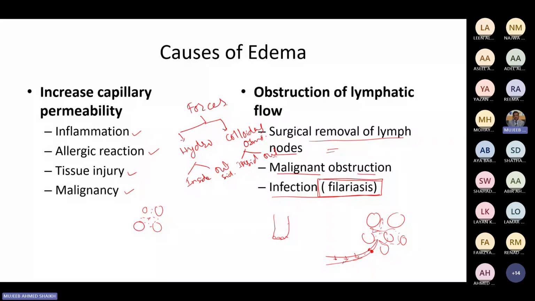Based on which one is more powerful, the resultant will be either edema or no edema. Okay.